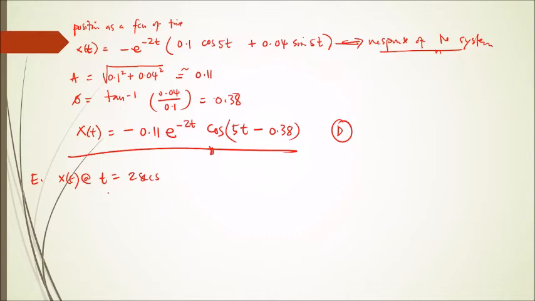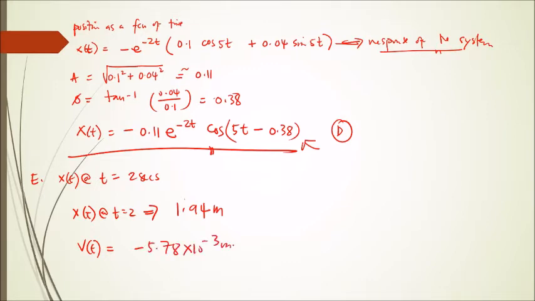So, substitute lang na to. Velocity ani is at t equal to 2 is actually equal to 1.94 meters. No, substitute lang ninyo diri. Then the velocity is equal to negative 5.78 times 10 to the negative 3 meters per second.